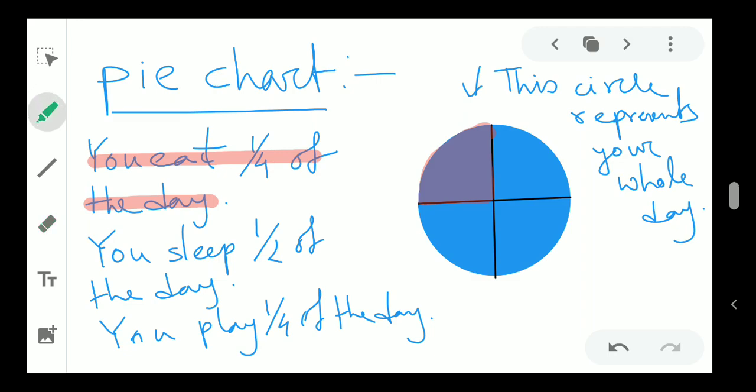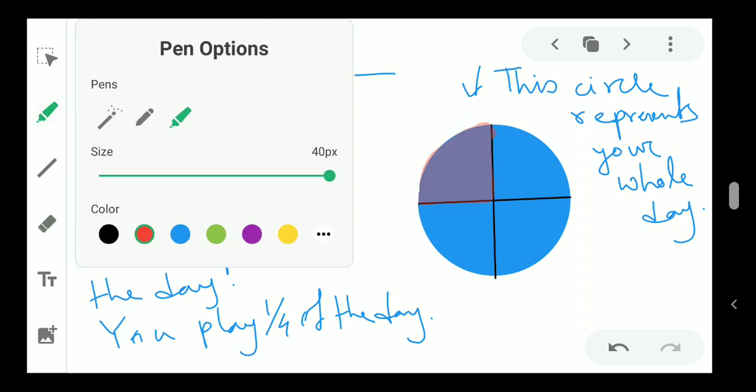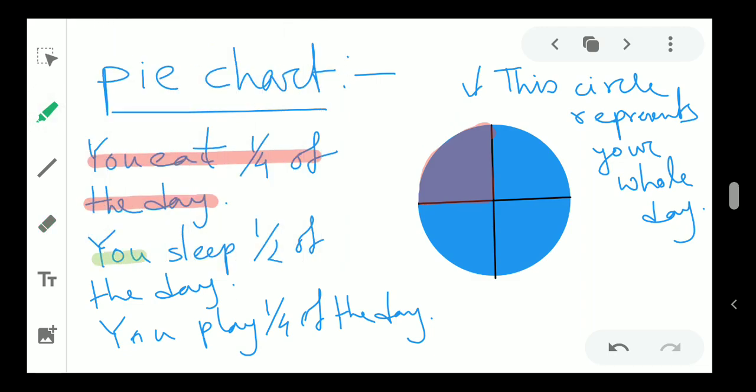Okay, now let's say I will show with green that half of the day you slept. Half, that means 1/2 of the whole day. There are 4 pieces, and half of the 4 pieces is 2 pieces.